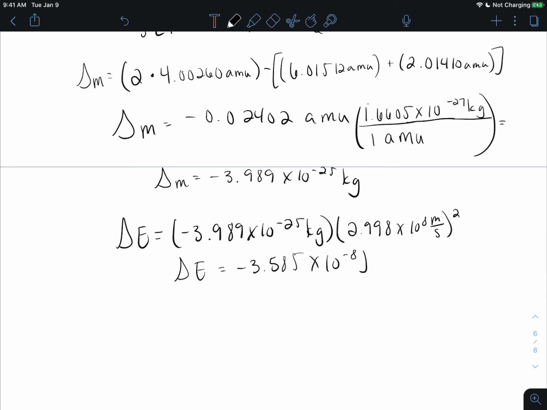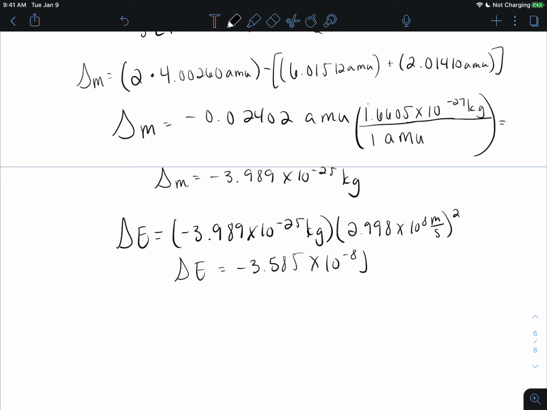And I just want to point out that this is for one fusion process, so one atom of lithium fusing with one atom of deuterium. So this is not a lot.